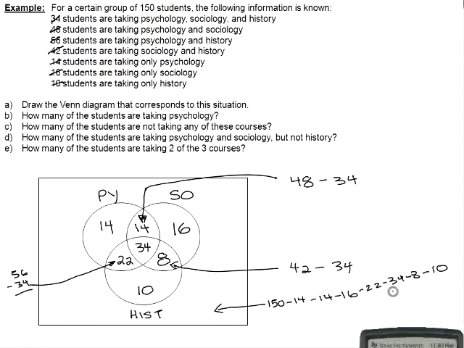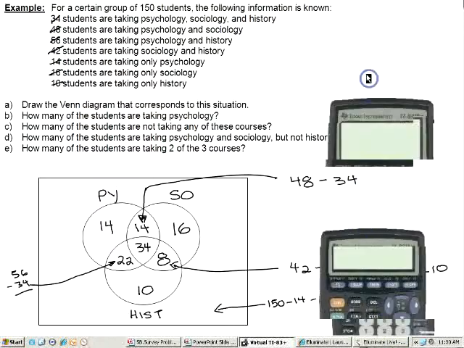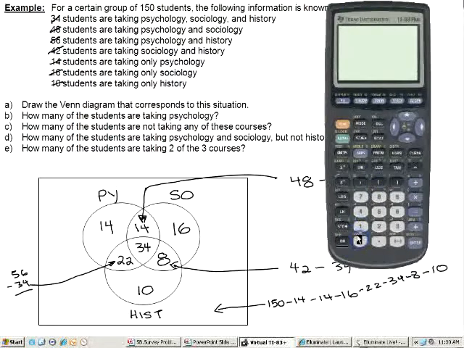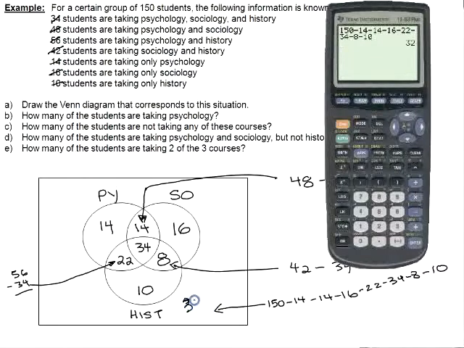And if we do that subtraction, we'll have the number of students who are not taking any of these courses. So let's do that calculation. 150 minus 14 minus 14 minus 16 minus 22 minus 34 minus 8 minus 10 gives us 32 people who are not taking any of these courses.